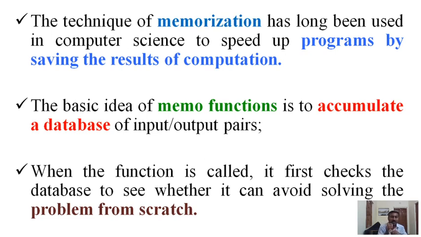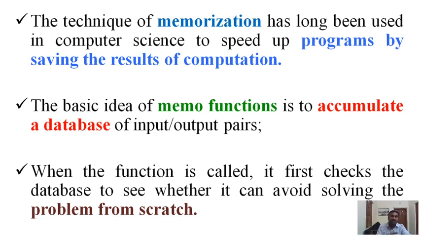If the answer is already there, why should we solve the problem again? So that is the concept of the database. The results can be stored in the database, and on a second execution we can avoid the computation. That is the main purpose of these databases.